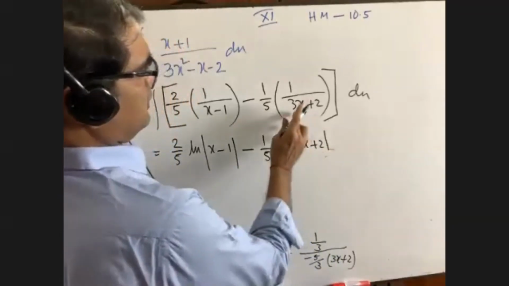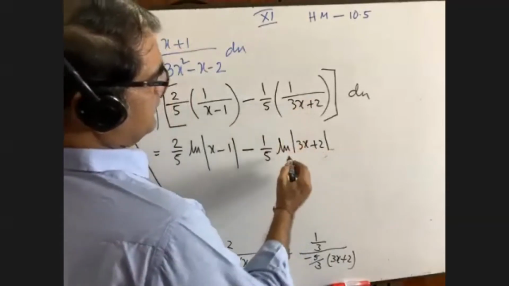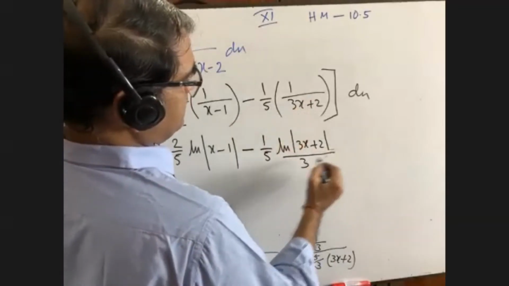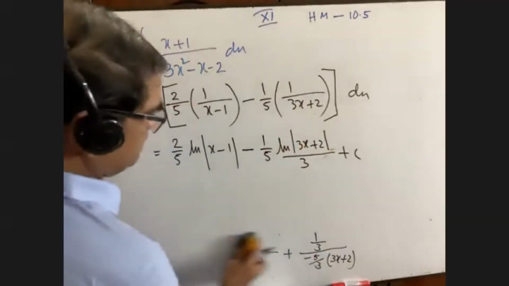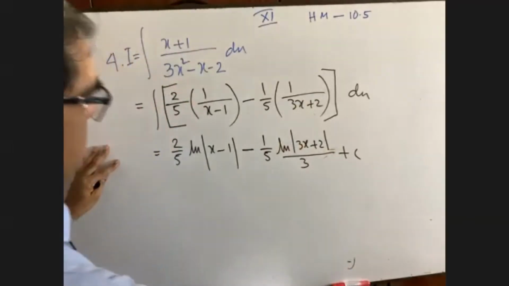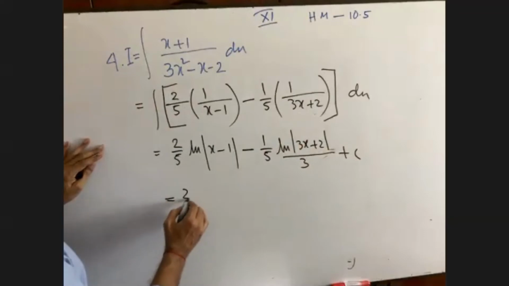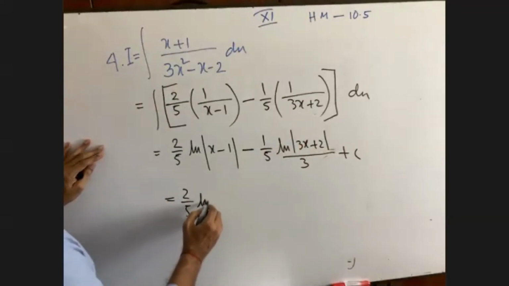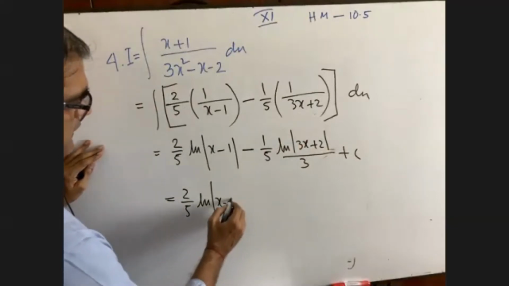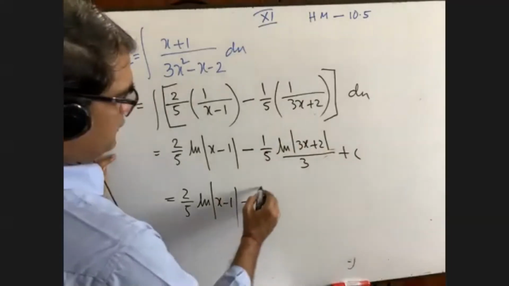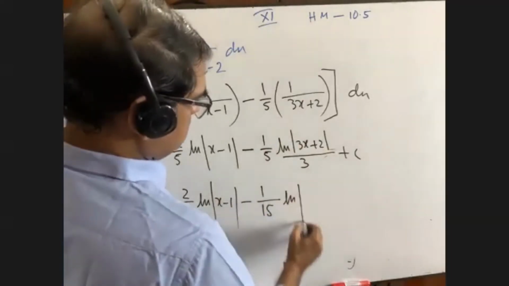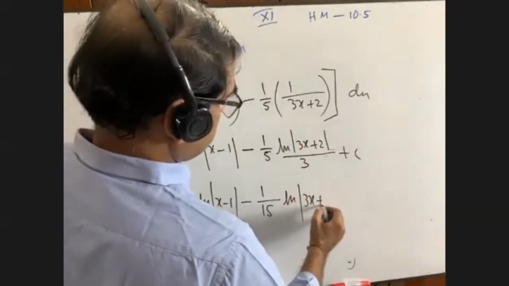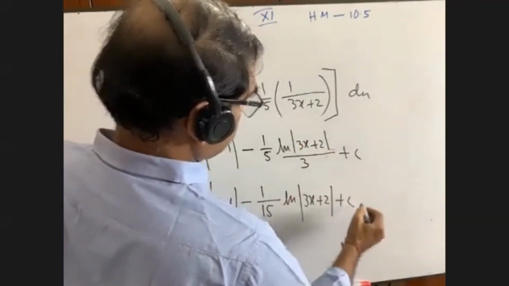But here the coefficient of x is 3, so it will be divided by 3, plus c. Actually, we are done. That is, we are getting here 2 by 5 ln x minus 1 minus 1 by 15 ln 3x plus 2 plus c.